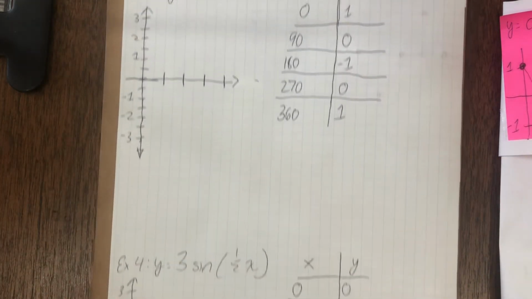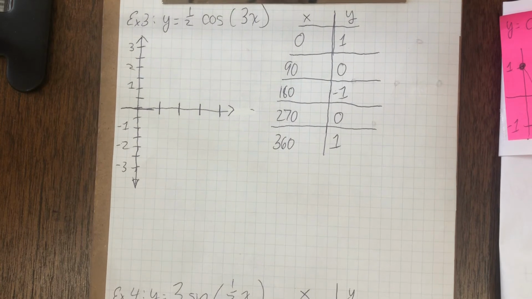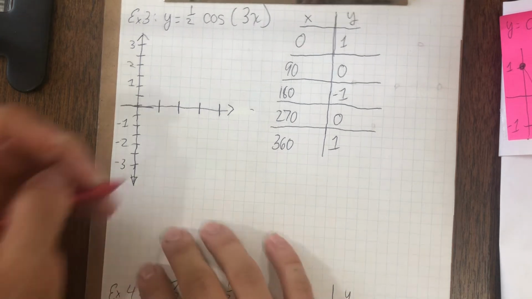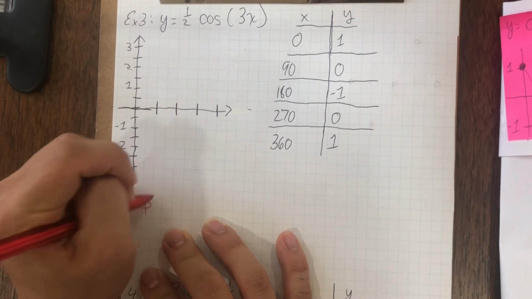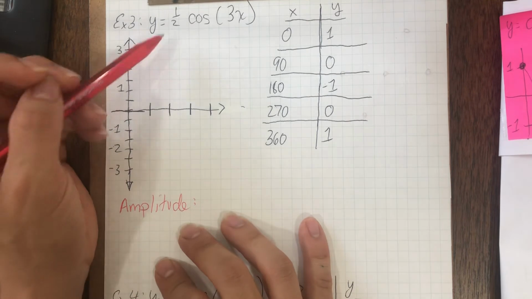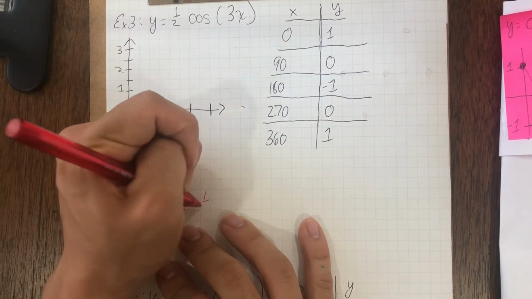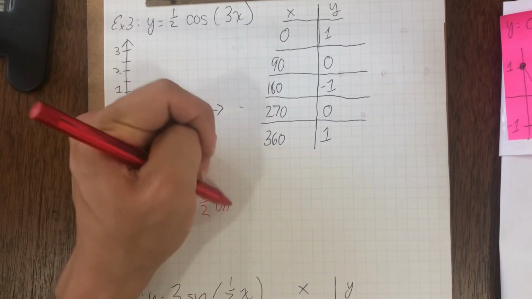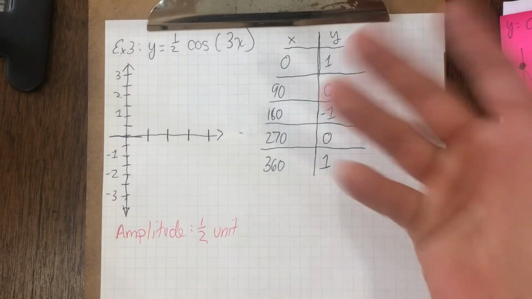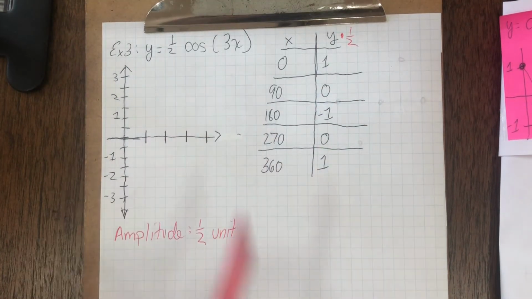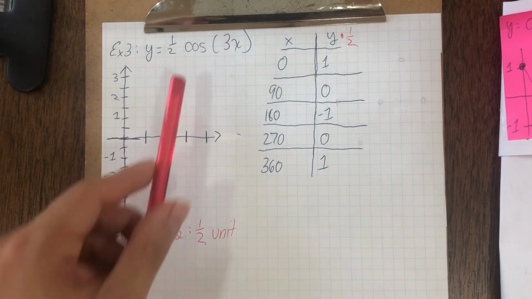So in the third example, we have y equals 1/2 times cosine of 3x. So let's go ahead and figure out my three pieces of information, starting with the amplitude. The amplitude would be the number in front of the whole trig function, which is 1/2. So my amplitude is 1/2 units, and for my y values, I would multiply by 1/2. Then we have cosine of 3x.